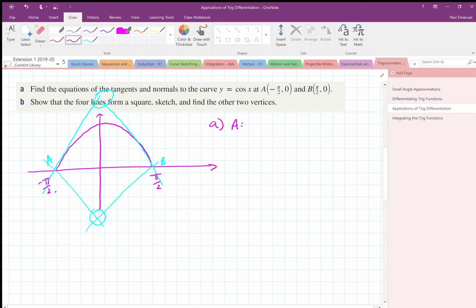Okay, so let's do A first. Well, we could just do the derivative first, couldn't we? So dy dx is minus sine. So for A, at x equals minus pi over 2, the gradient of the tangent must be minus sine of minus pi over 2, which is minus 1 times minus 1, which is 1. So therefore, the gradient of the normal is minus 1.